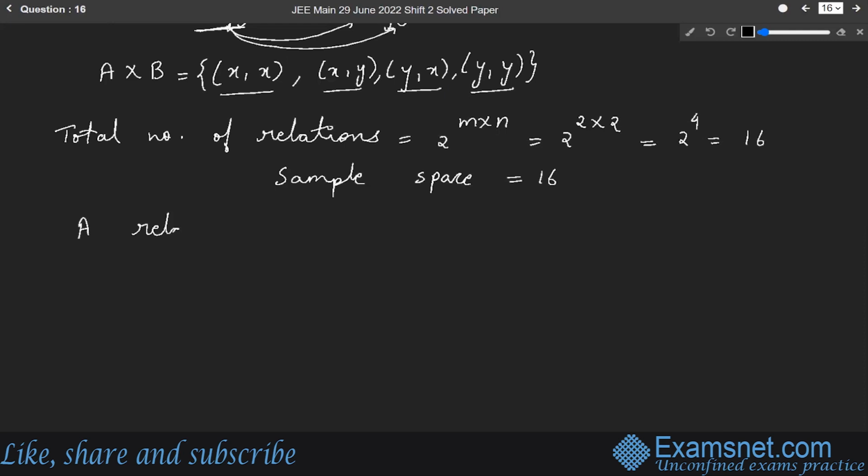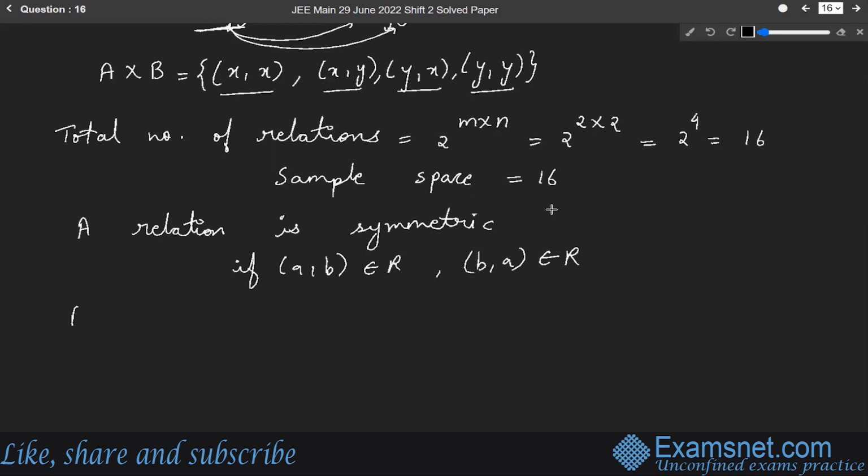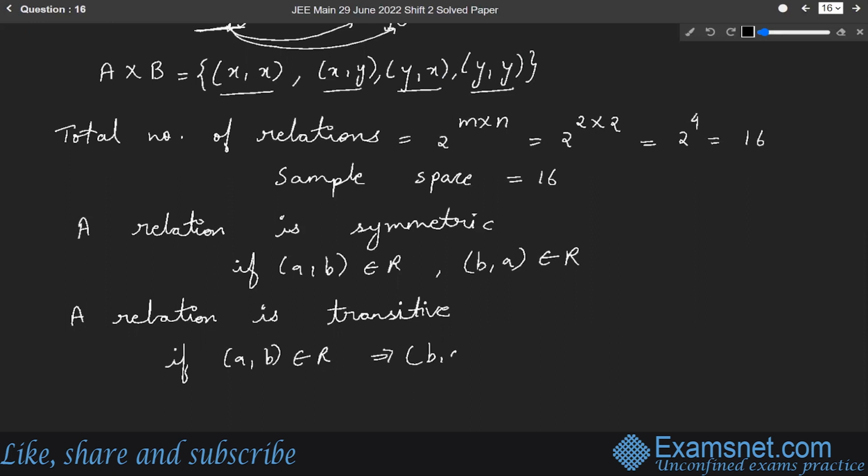So a relation is symmetric if (a, b) belongs to R and (b, a) also belongs to R. Similarly, a relation is transitive if (a, b) belongs to R, and (b, c) belongs to R, it implies (a, c) should also belong to R.